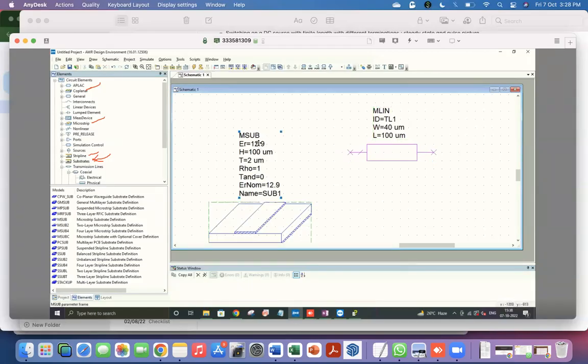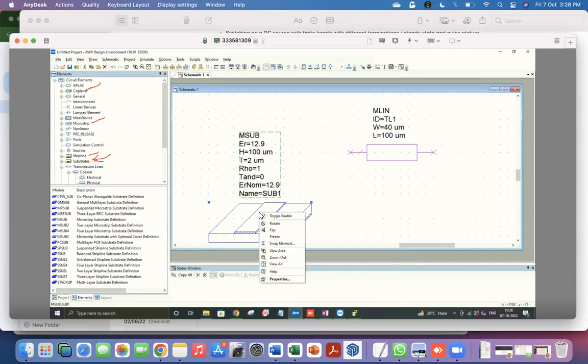So you have the dielectric constant, you have the height, you have the thickness of the metal on it, and you have the resistivity of that metal. So it tells you the conductivity, like what conductor losses you have. You have tan delta of the dielectric, which is the losses associated with the dielectric. And this ER nominal is, I think, some internal number. I don't know why they have used this.